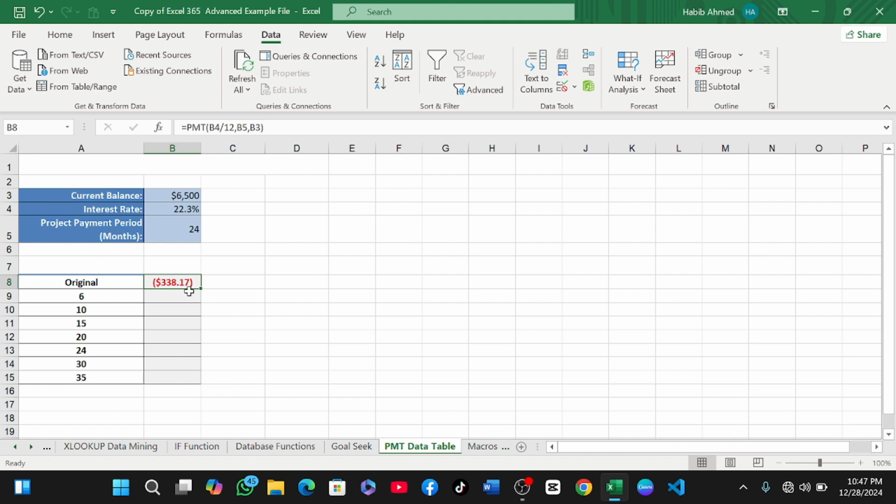Now for each month you will be paying $338 for a period of 24 months in order for you to clear this debt.